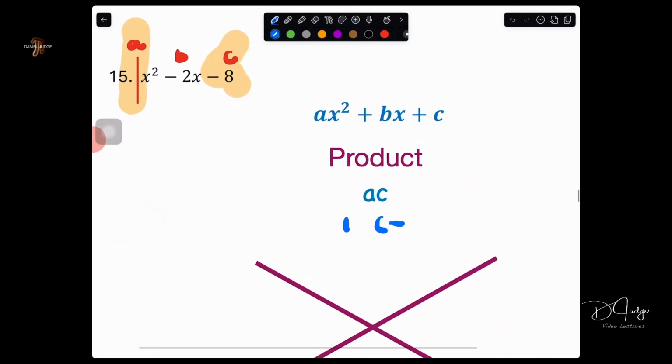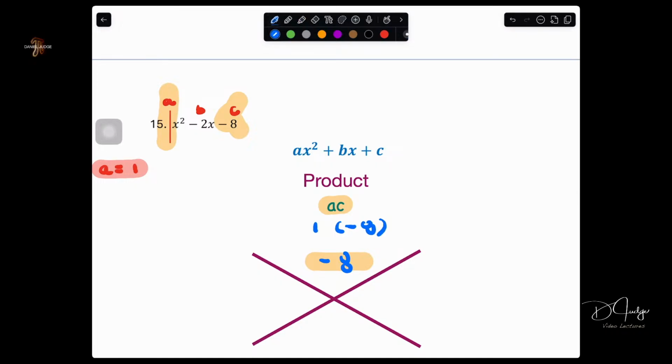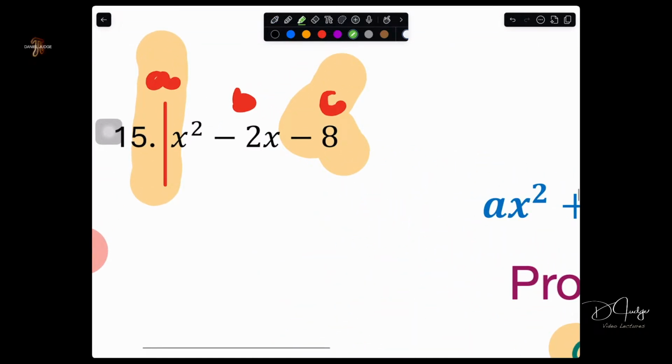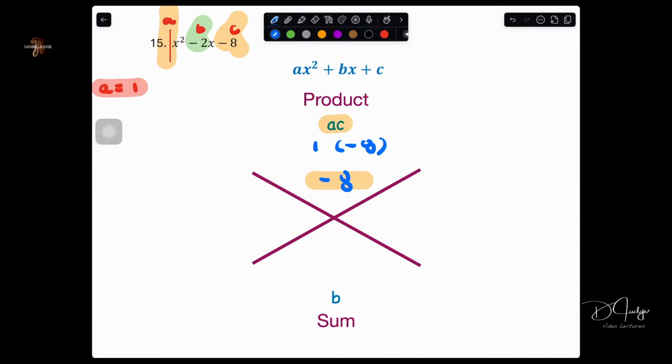That's our A times C. B, that value here for B is negative 2. So I'm going to put this down over here.